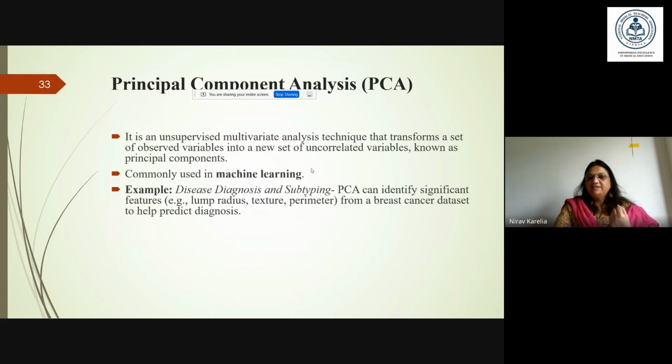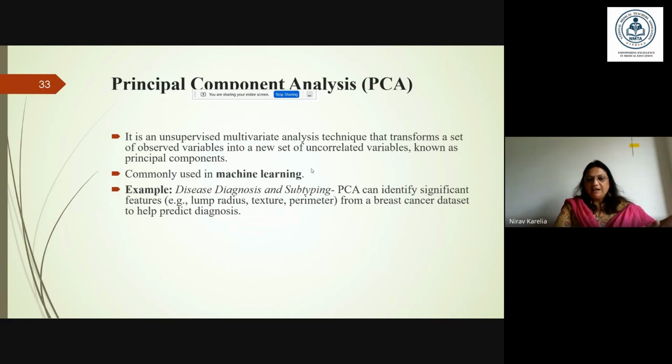Take the example of disease diagnosis and subtyping. This technique is used, for example, in breast cancer. You have to develop a model to predict the diagnosis in a breast cancer data set. So you take the data on breast cancer, lump radius, texture, perimeter, all the minute things, genetic variation, subtyping, you run principal component analysis and develop the model.